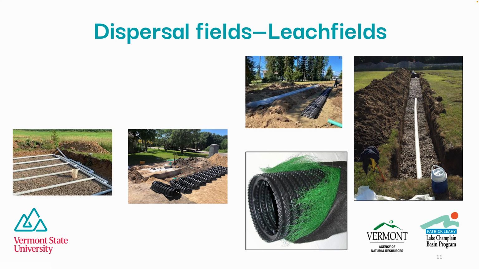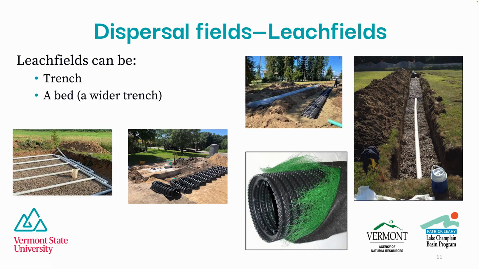Dispersal fields or leach fields. These can be a trench with pipe and stone, that's gravity-fed. In some cases, this can be a bed, which is just really a wider trench. For IA systems, different materials can be used in the dispersal field, including geotextiles, polyfiber chambers, mats or pods, or compartments using algae, recycled glass, cocoa fibers, or peat.